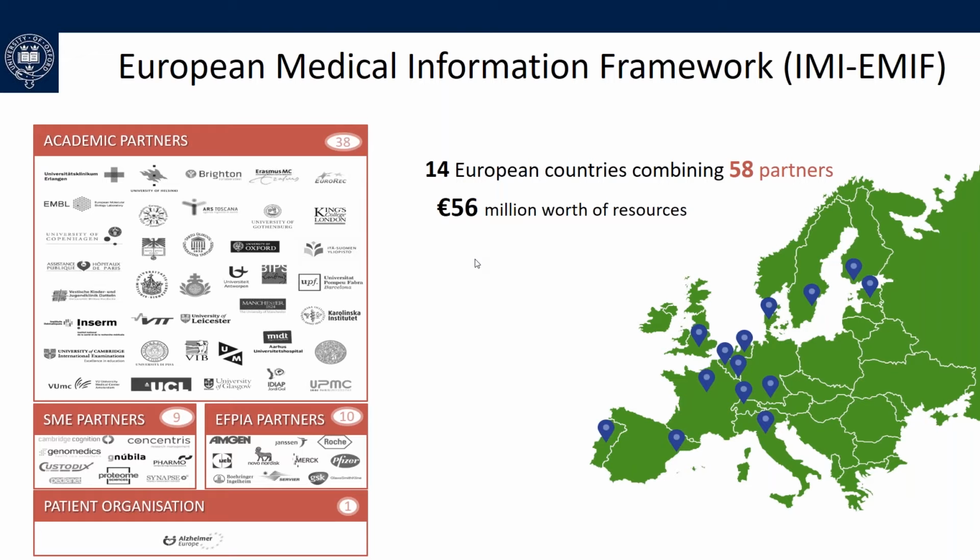And I want to note that Janssen J&J is the co-lead together with me for the EMIF program, Bart van Nieuwenhuizen, and Synapse has played a critical role as an SME partner in much of the project management. So 58 partners, 14 European countries, 56 million.